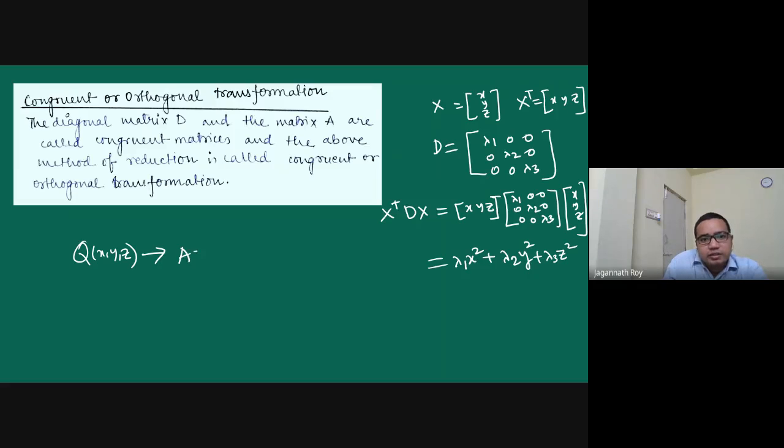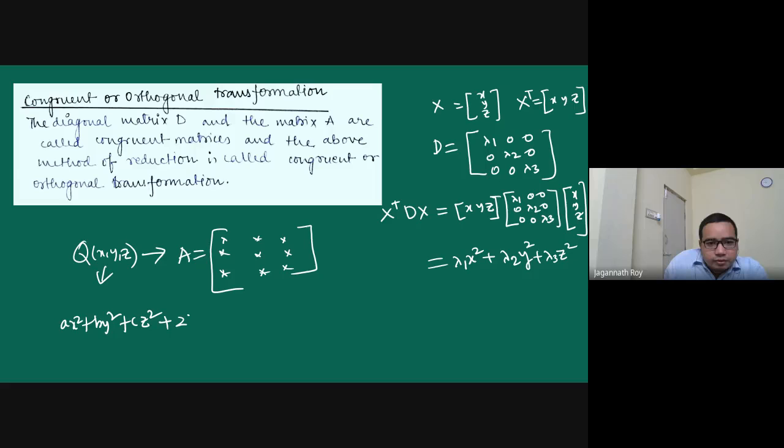So from a given quadratic form in x, y, z, we will get a symmetric matrix. Here actually mixed terms are there also: a x square plus b y square plus c z square, plus 2f xy plus 2g xz plus 2h yz.